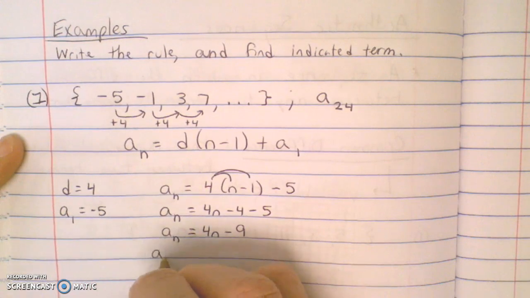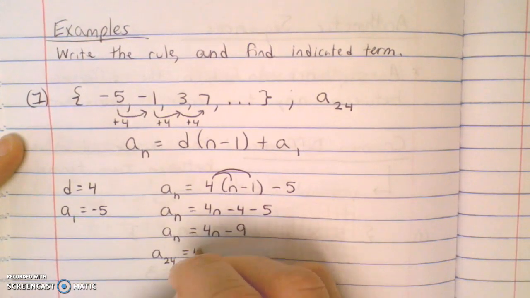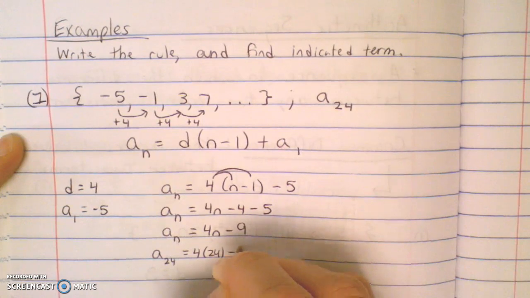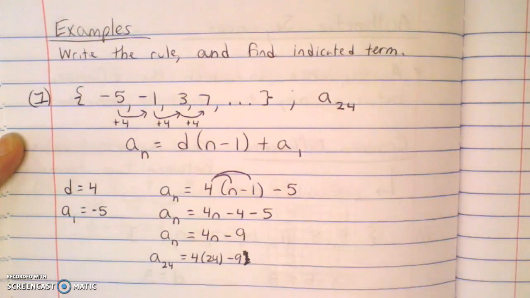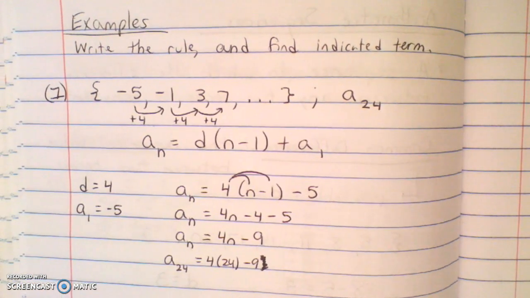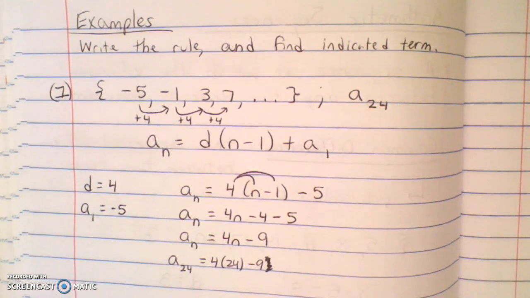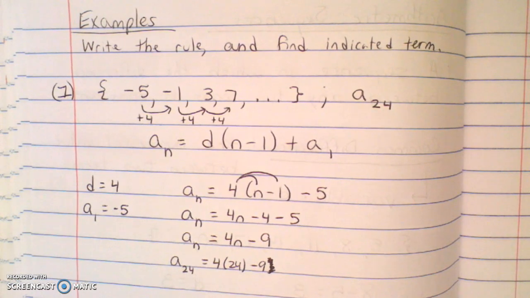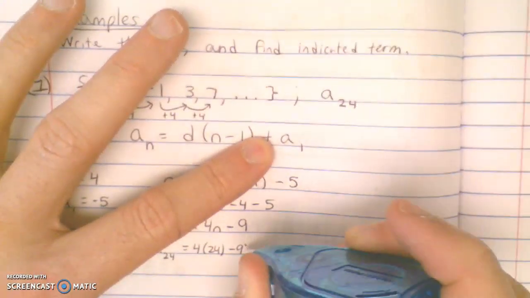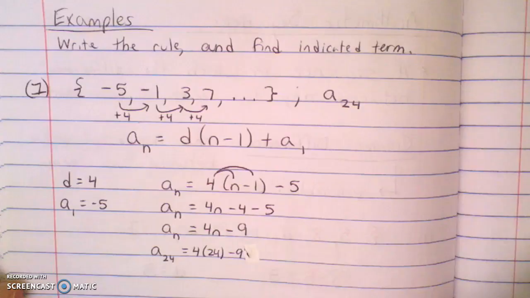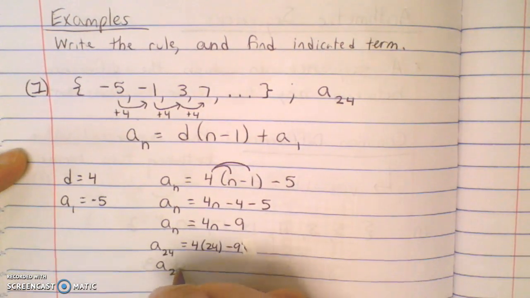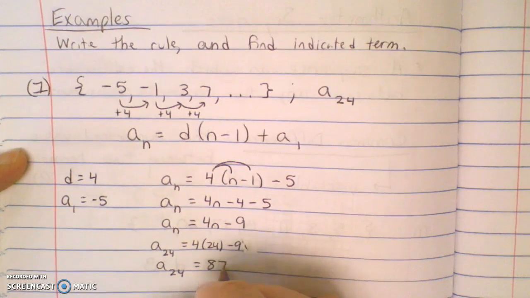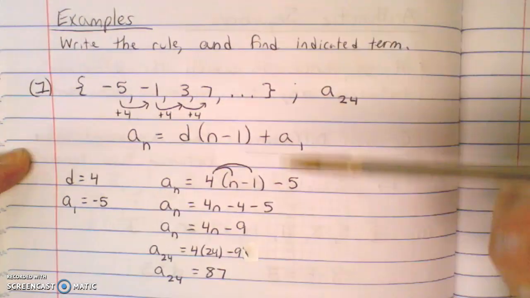So a sub 24 equals 4 times 24 minus 9. So I can just do that on the calculator. 4 times 24 minus 9, that'll give you 87. So the 24th term in this sequence would be 87.